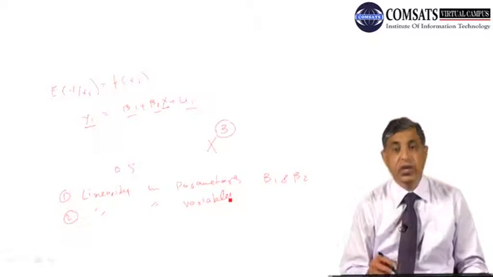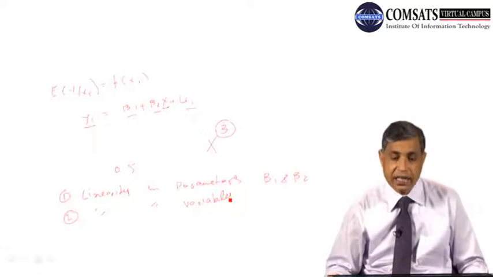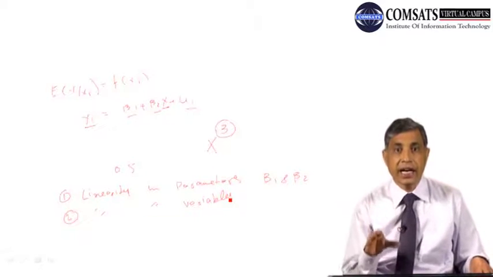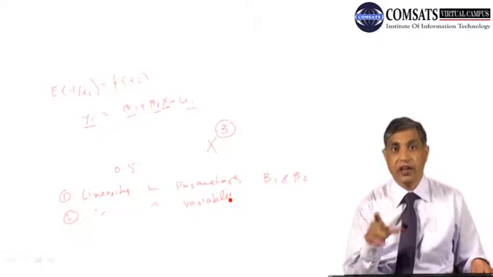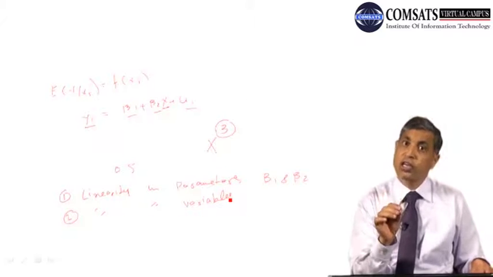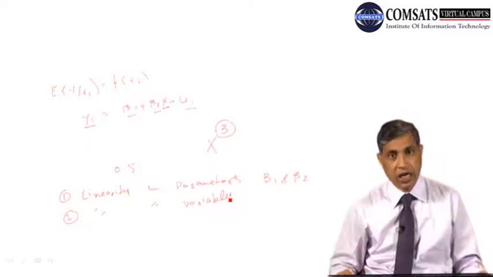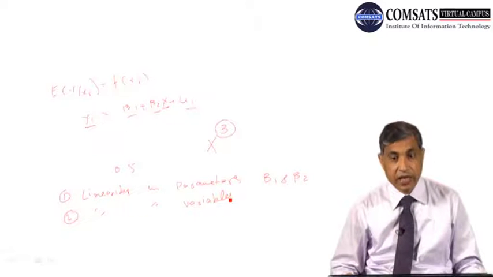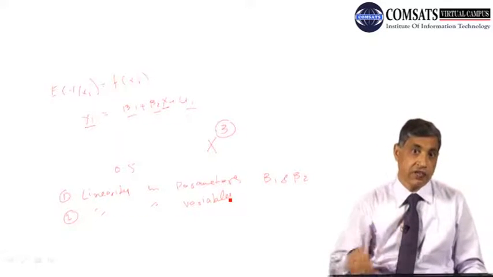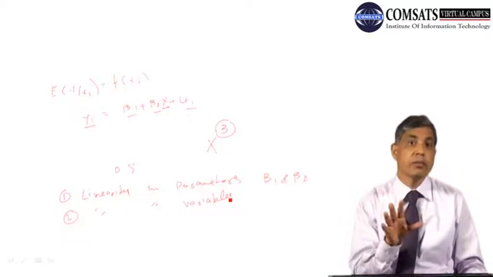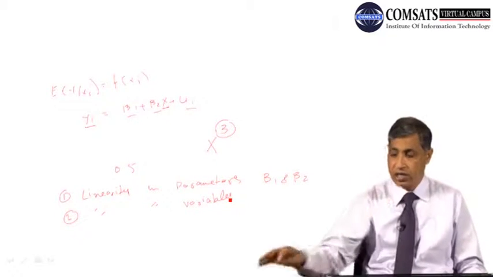If we are interested in the linearity of the parameters, we are saying that the index or power of the parameter should be only 1, nothing else. And if we are talking about the linearity of the variable, then the index or power of the variable should be only and only 1.